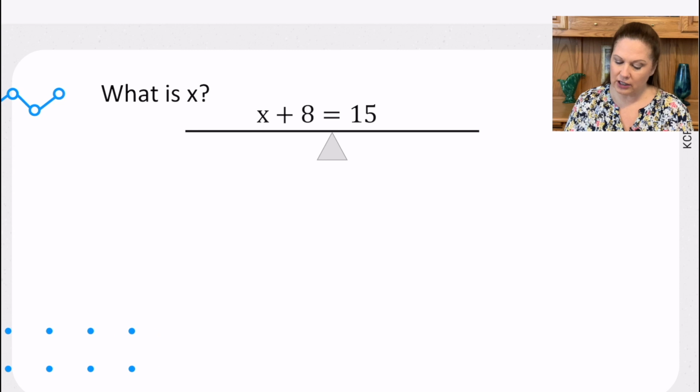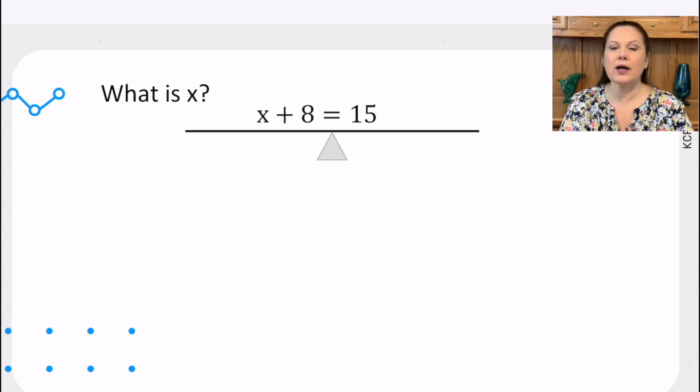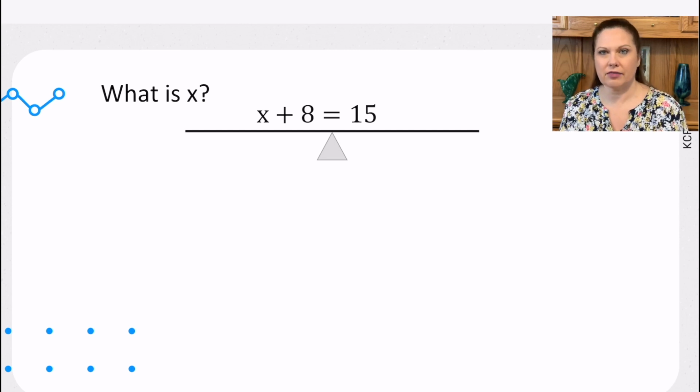So let's take a look at our first one. X plus 8 equals 15. You can already probably think in your head, okay, what plus 8 is going to be 15? Well, that's great, and you can already say that, but sometimes we want to practice our actual steps or show our algebraic thinking.